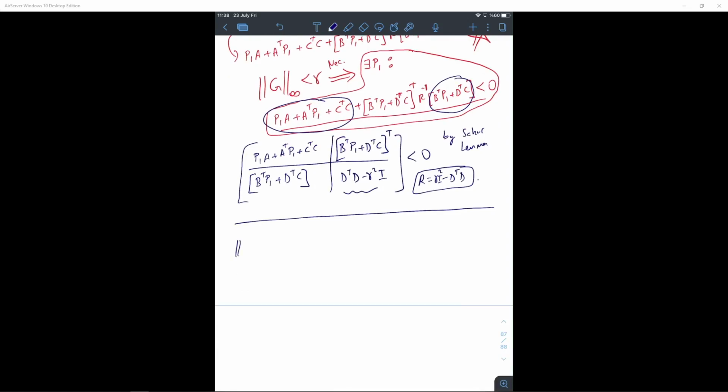By the way, it's all done, it's QED time now. The proof is done, and now I want to talk about how we would compute the H infinity norm for a given G. All right, now we have a G of S, right?